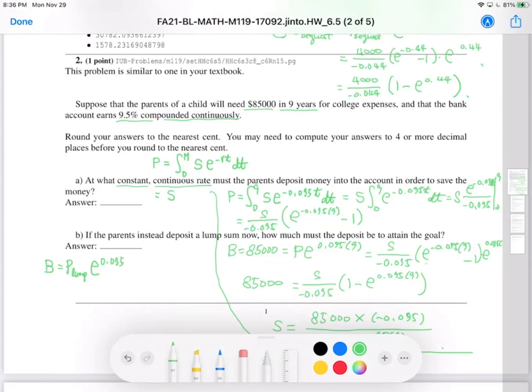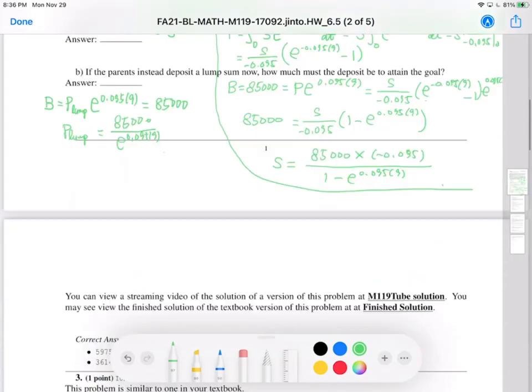This is the future value 9 years later, and it is equal to 85,000. So P, the present value for the lump sum, is equal to 85,000 divided by e to the 0.095 times 9. You can simplify it. Okay.